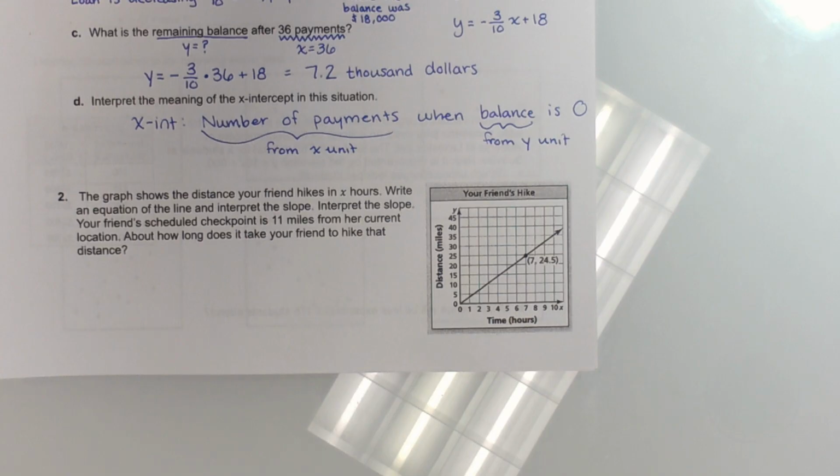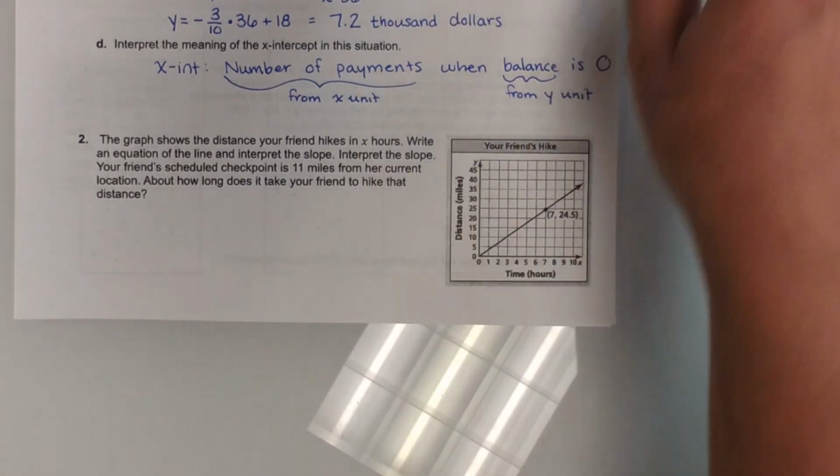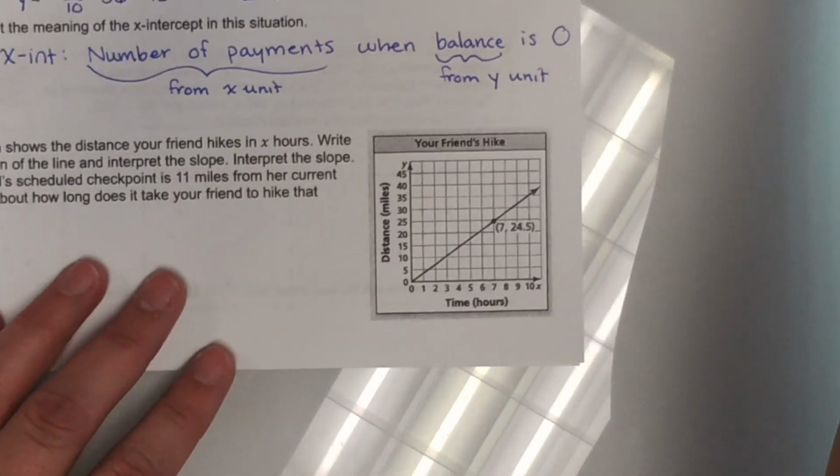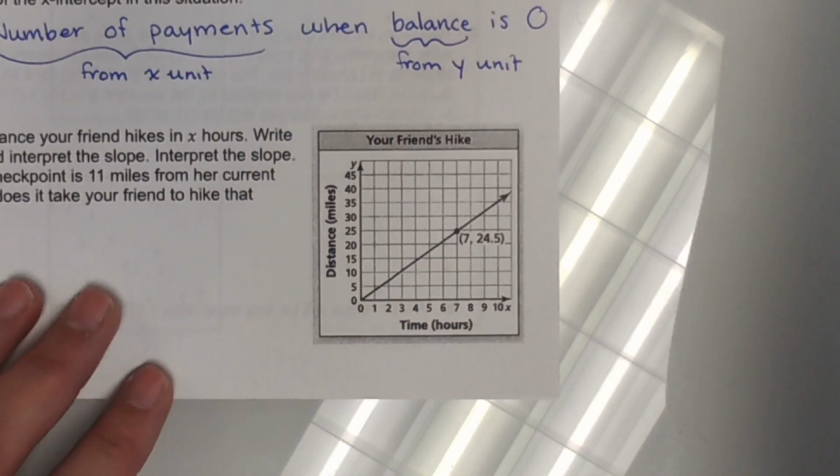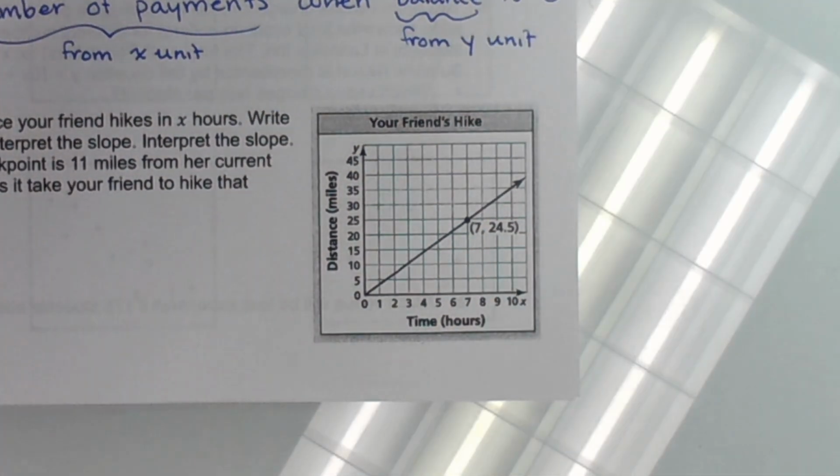Problem 2, we're not going to do the entire thing. I'm just going to ask you one question. How can I find the slope of this graph? I could do rise over run.